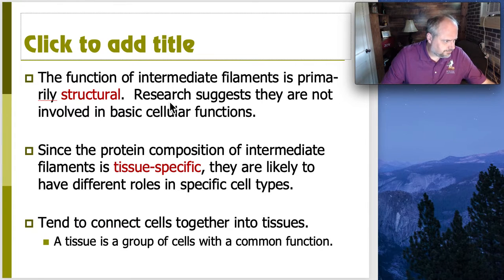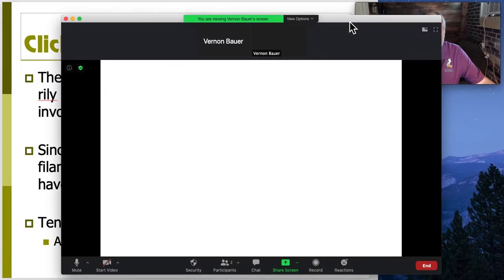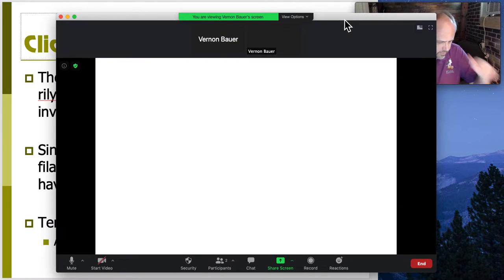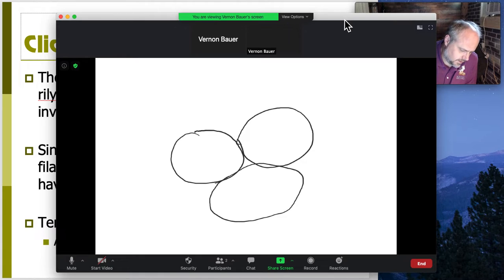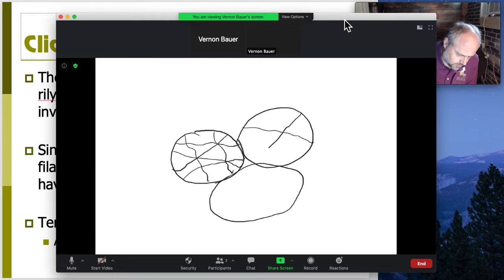And the way this works, and again, we'll get into more details on this later as we think about what ties cells together, is if we had some cells, then the intermediate filaments, rather than radiate out from the center, these guys go all the way across. Like I said, they're almost like these cables that run from side to side throughout the cells.